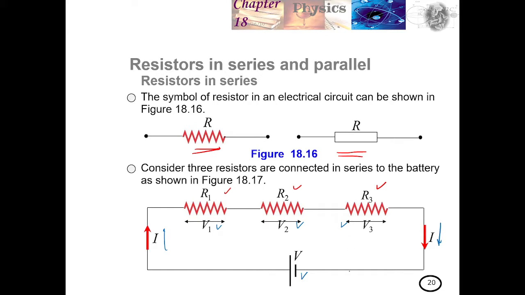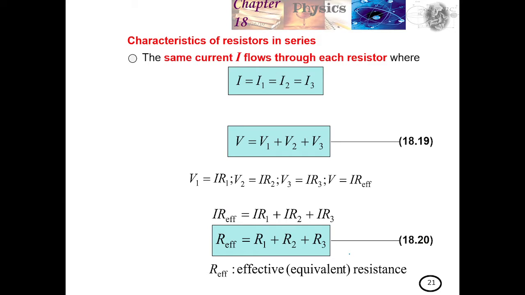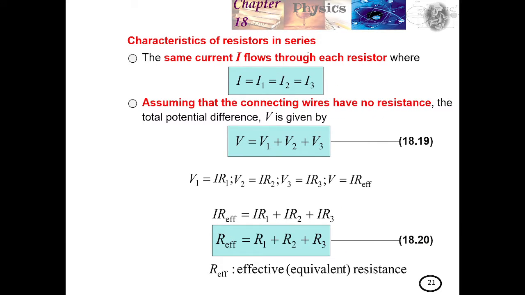So we can see that if three of them are connected in series, the current flow will be the same, because I equals I1 equals I2 equals I3, since there is no junction in the circuit. Assuming that the connecting wires have zero resistance, the total potential difference V is given by V equals V1 plus V2 plus V3.